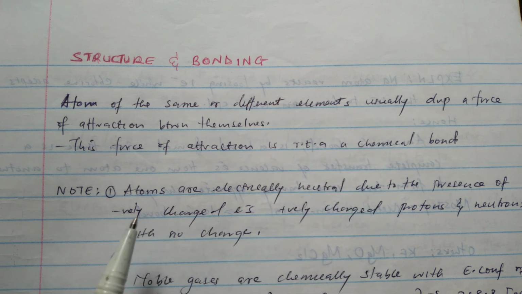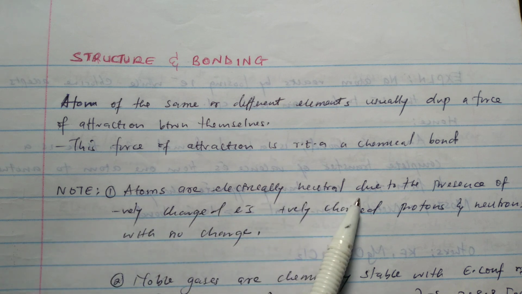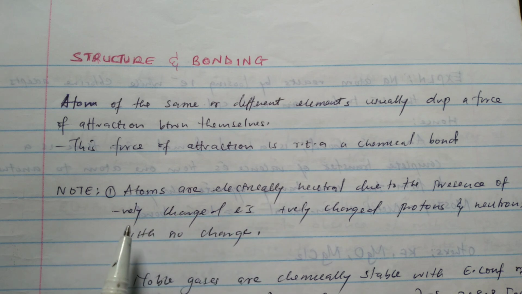One thing you need to note, in just a small summary, is that atoms are electrically neutral due to the presence of negatively charged electrons and positively charged protons, and neutrons which do not have a charge.